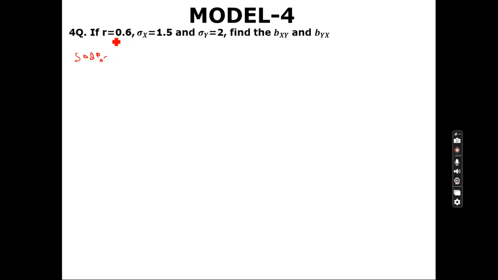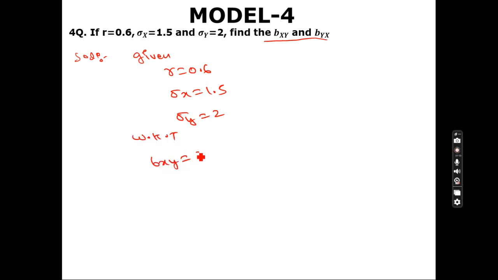What is given? Write down all the values which are given in the problem. Given r is equal to 0.6, sigma x is given as 1.5, and sigma y is given as 2. What is being asked? Find bxy and byx. You already know the formula. We know that bxy is equal to r into sigma x by sigma y.